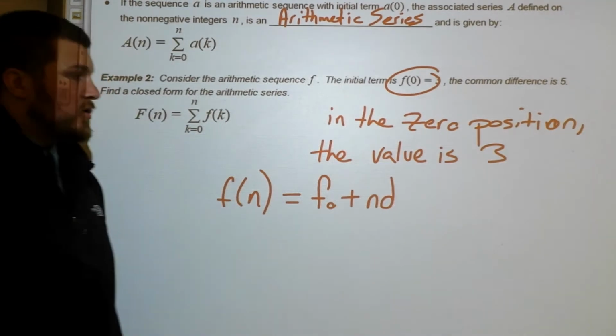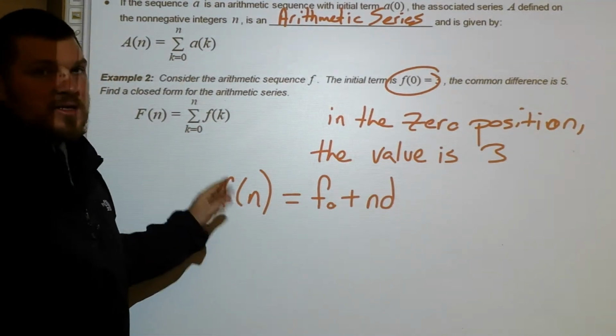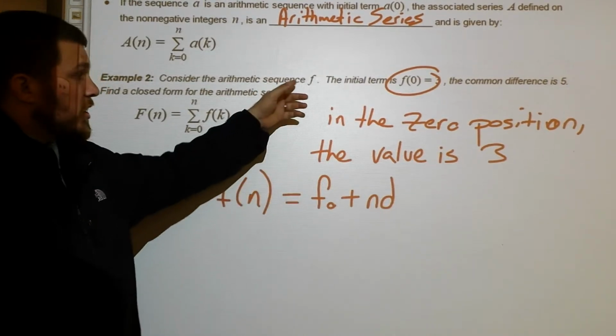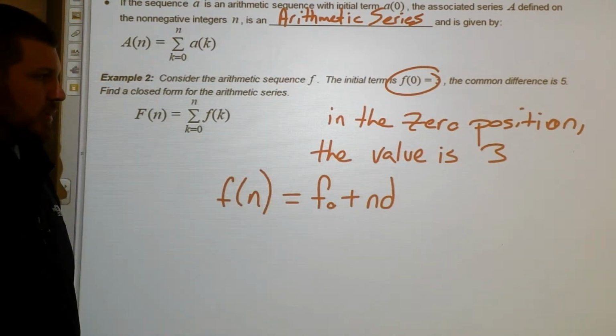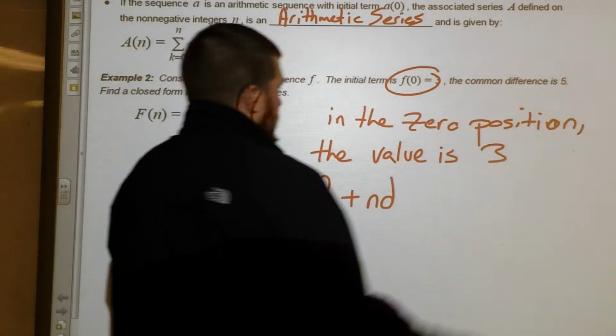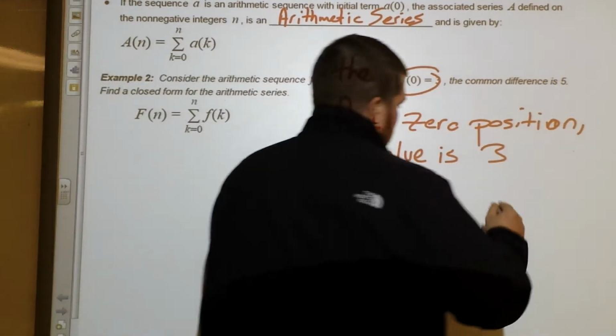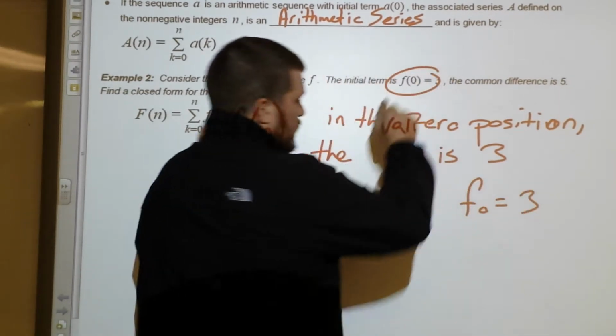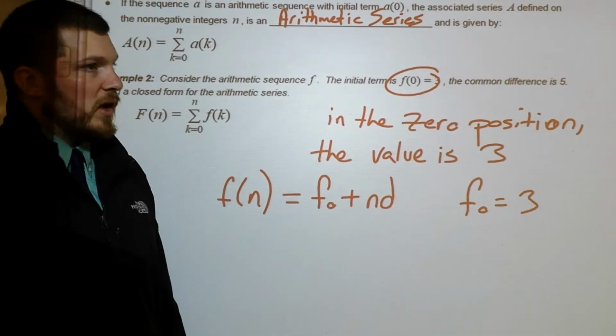That was our rule that we just learned on the previous page. We used a's in the previous page of this video. We're just changing it to f because that's what the problem gave us. No big deal, don't freak out. So here in the 0 position, f of 0 is 3. That's what that tells us. Our initial value is 3.